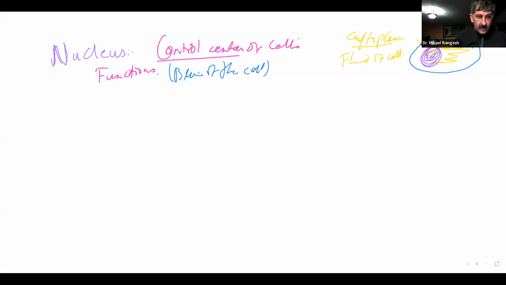Now, structurally, what is the structure of the nucleus? Usually we'll say it's round. But we can also say that on the outside, the nucleus itself is encircled in a membrane.